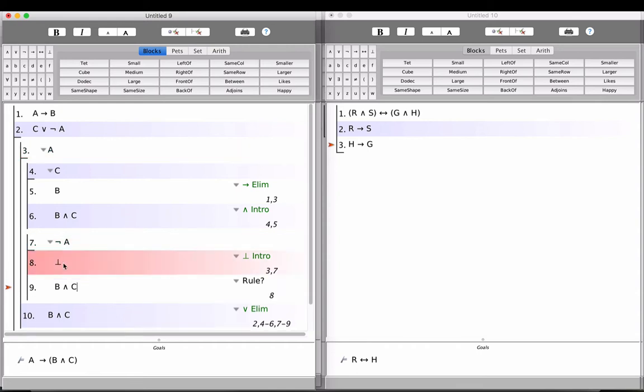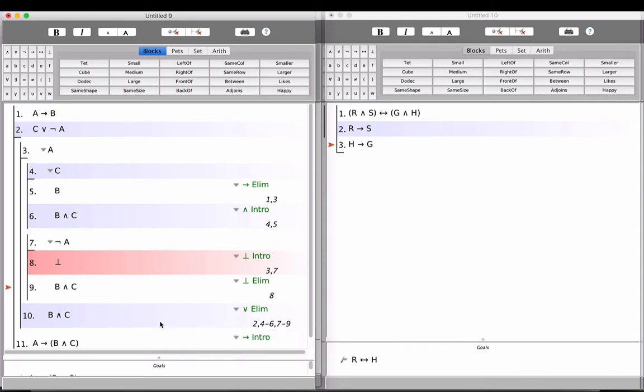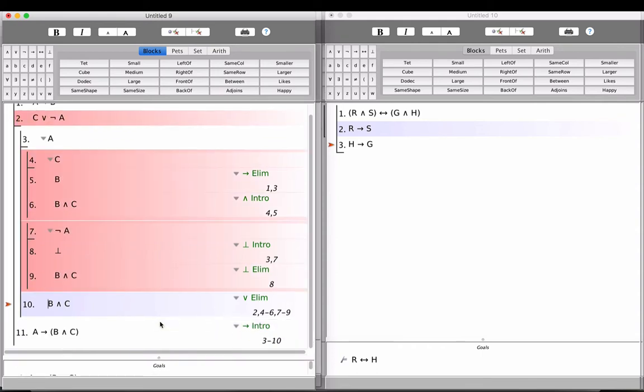Then, from a contradiction, anything follows. The rule for that, as you know, is contradiction elimination. And now I'm out of my nested subproof, which is the disjunction elimination sequence. I'm back on the structuring subproof begun at line 3.